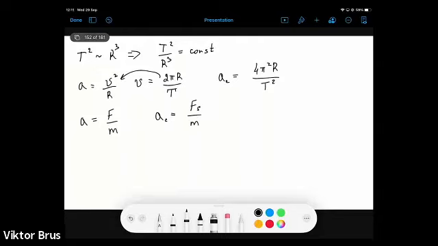We consider just absolute values of these forces and acceleration. And that will be equal to this expression in terms of radius and period of rotation about the sun. So we can write that it's equal to 4 pi squared times r divided by T squared.